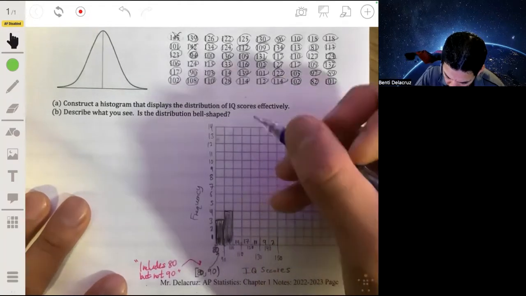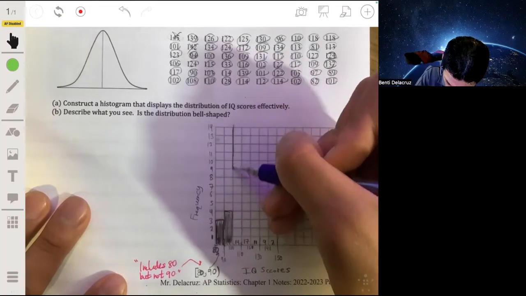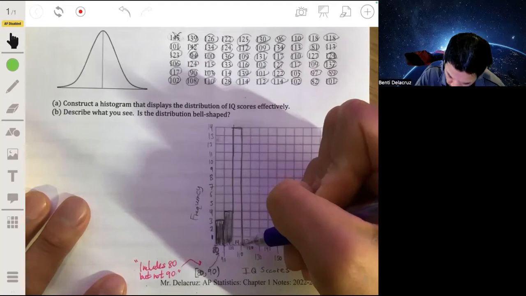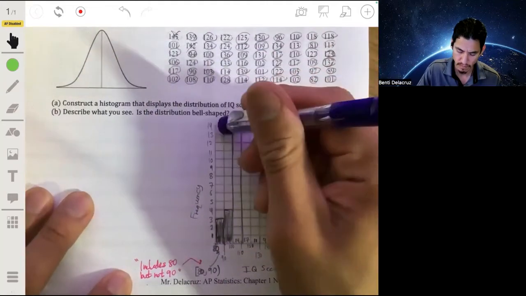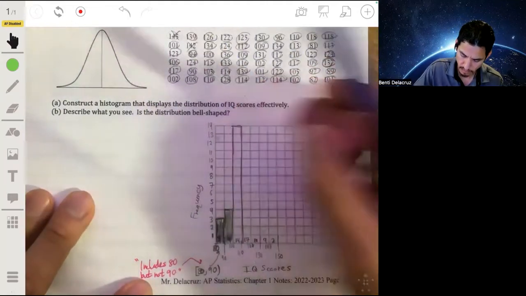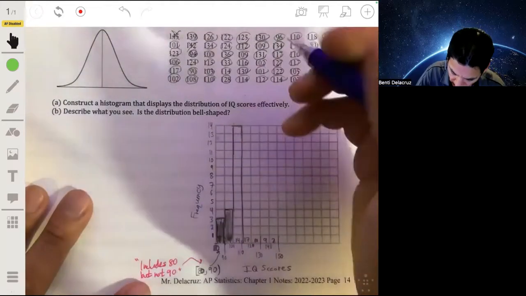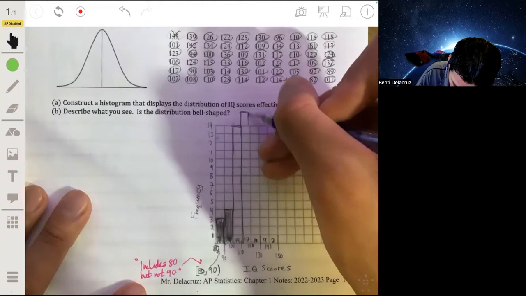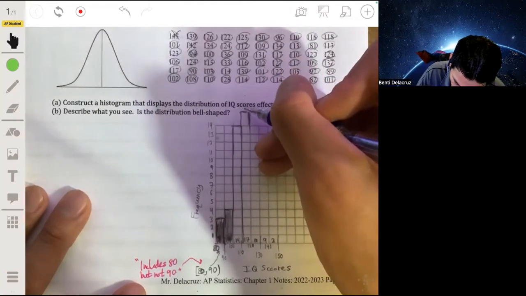Then the next one would be all the way to 14. And 17, so it looks like it could go a little higher, so we extend that. I'm gonna put a 17 on top there.